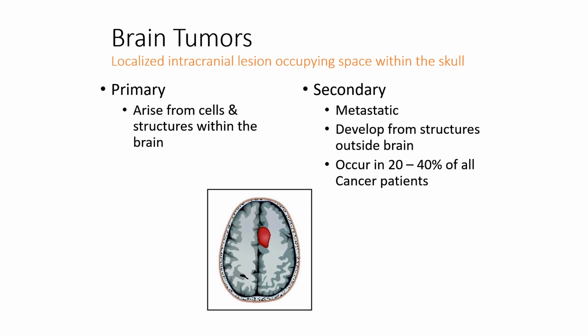Primary brain tumors arise from cells and structures within the brain. Secondary brain tumors are metastatic, which means they have developed from structures outside the brain. A lot of cancer patients will go on to have secondary brain tumors due to metastasis.